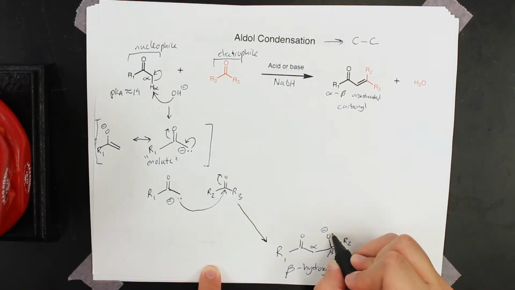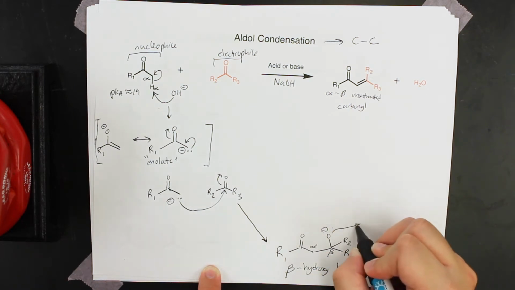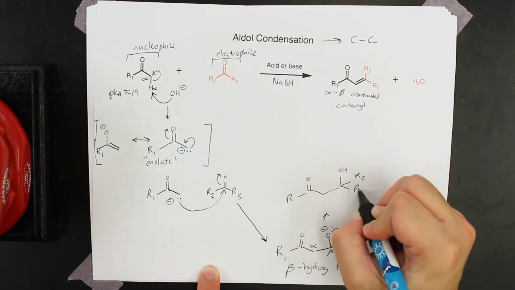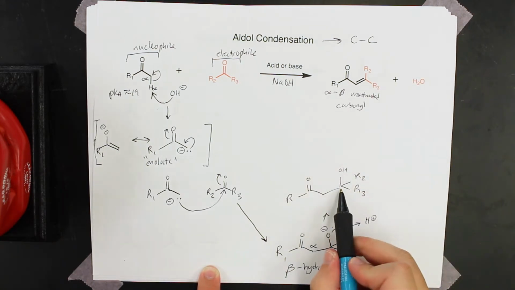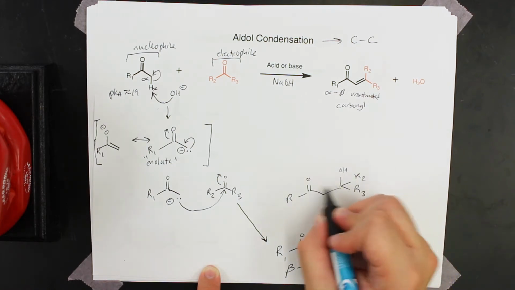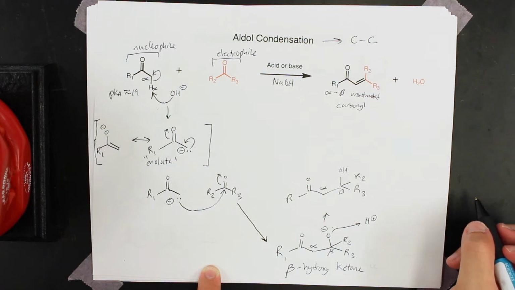When this becomes protonated, so I'll draw a brief protonation step, you can see that now there is a hydroxyl group on the beta carbon. So we call it a beta hydroxy ketone. That's the intermediate for this reaction.